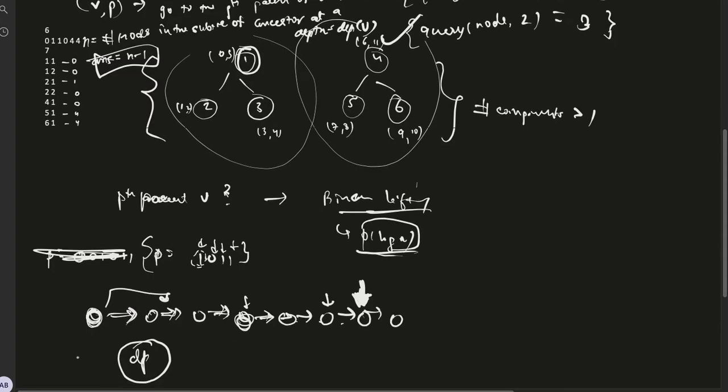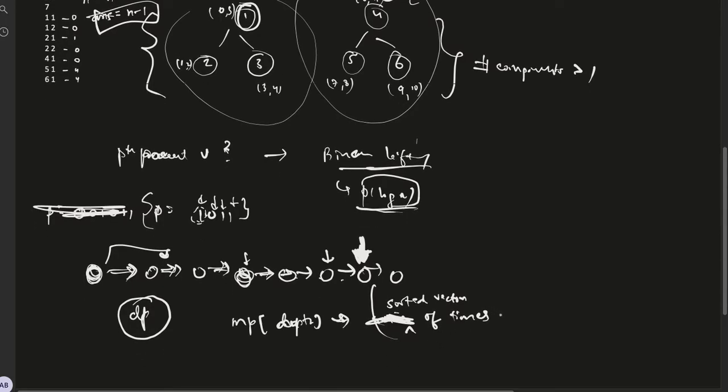For that we maintain a map, where the map of depth stores the sorted vector of times obtained from DFS.